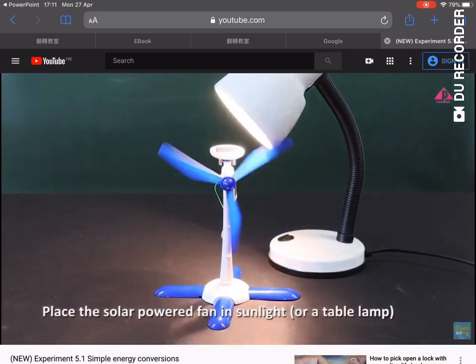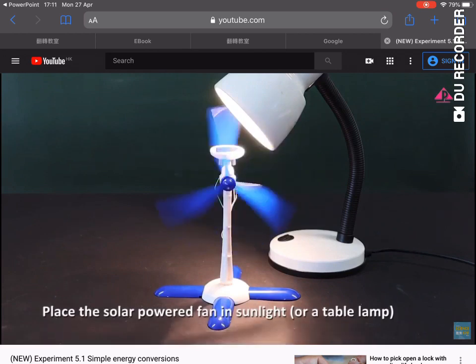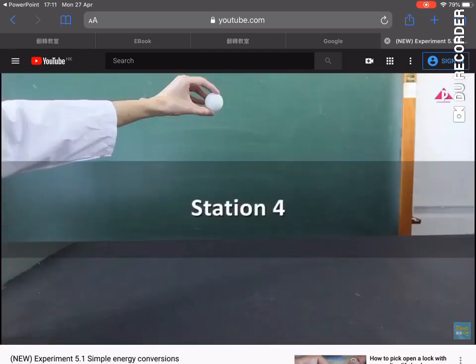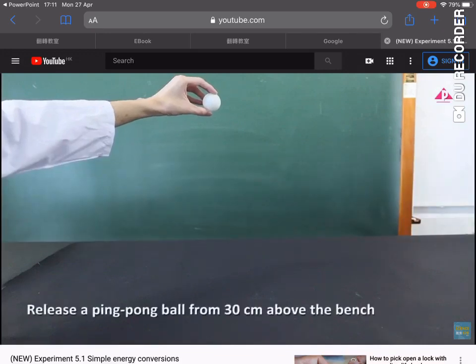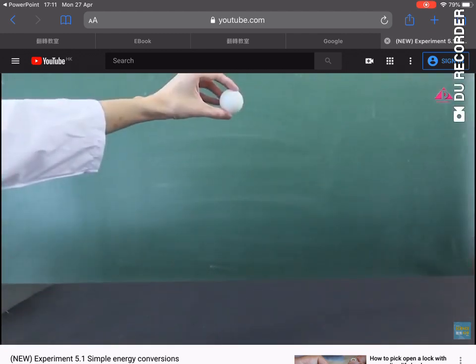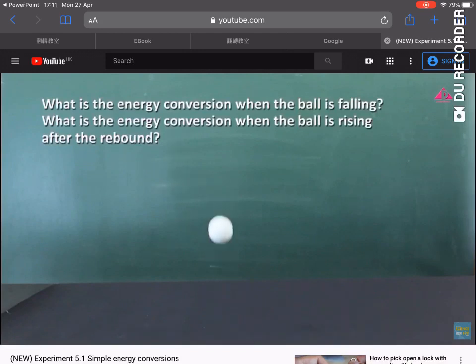Place the solar-powered fan in sunlight. What is the energy conversion? Release a ping pong ball from 30 centimeters above the bench. What is the energy conversion when the ball is falling? What is the energy conversion when the ball is rising after the rebound?